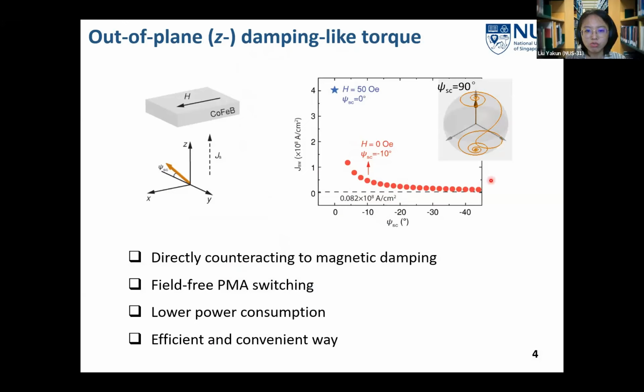We can see from this figure, this is a theoretical calculation. We can see that the switching accomplished by the Z damping-like torque has a very low current density requirement compared to the conventional heavy metal and ferromagnetic layer like this, where the external magnetic field is also required.